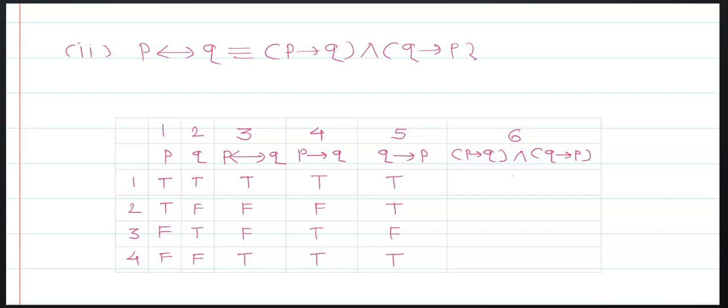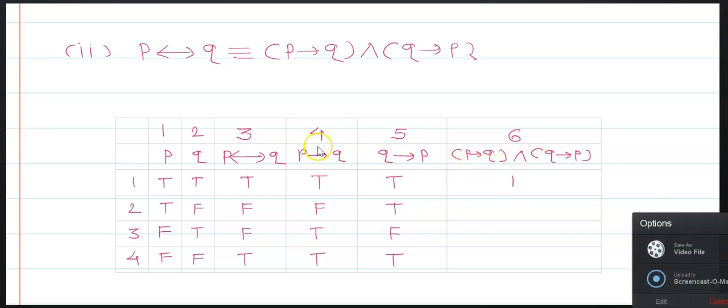And last is the AND between these two, 5 and 4. Now for the AND statement, if both of them are true, then it is true, otherwise false. First two are TT, therefore it is T. Second is false. Third is false. And last is again T, because both of them are true. Now see this.